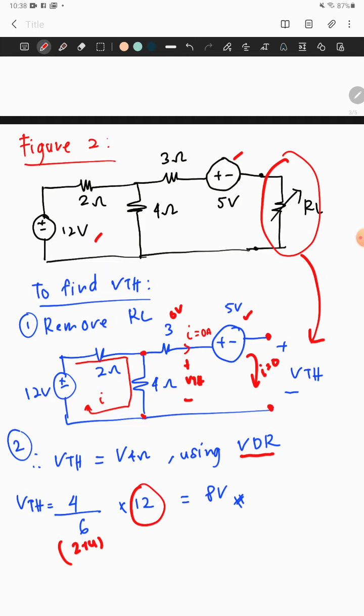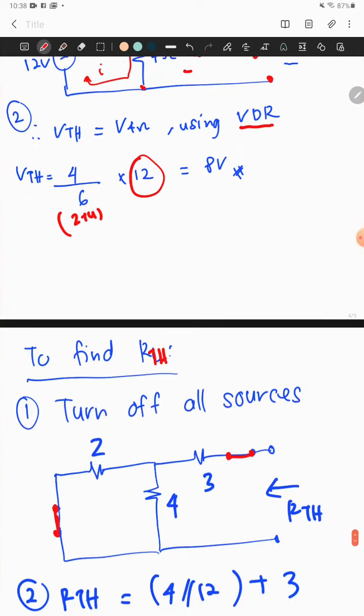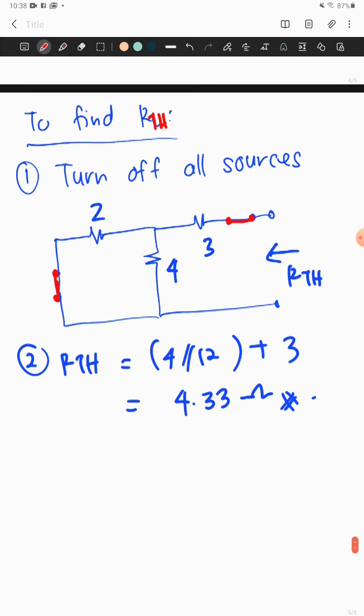Both are voltage sources. So in order to turn off a voltage source, we need to short circuit it. So this is the circuit left, from which we can find your RTH, or your R equivalent, from the open terminal over here.